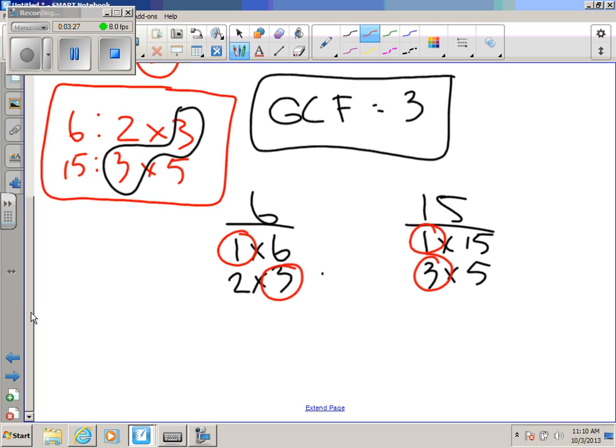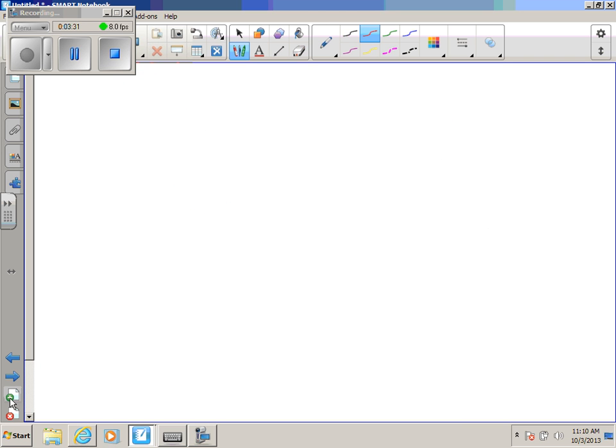Okay. How about, let's look at 8 and 12. And we'll put these factor trees side by side. Now I know that 8 we called yesterday three-headed monster. So I'm going to rewrite it.